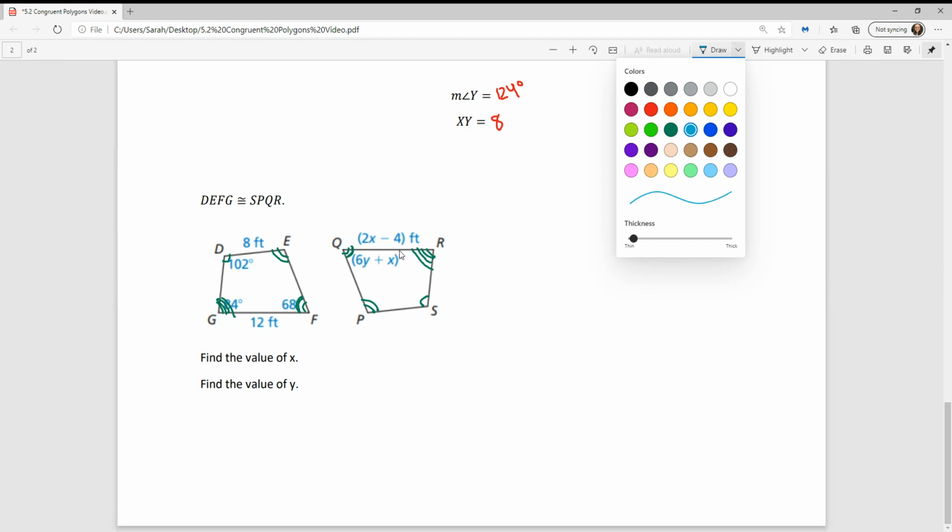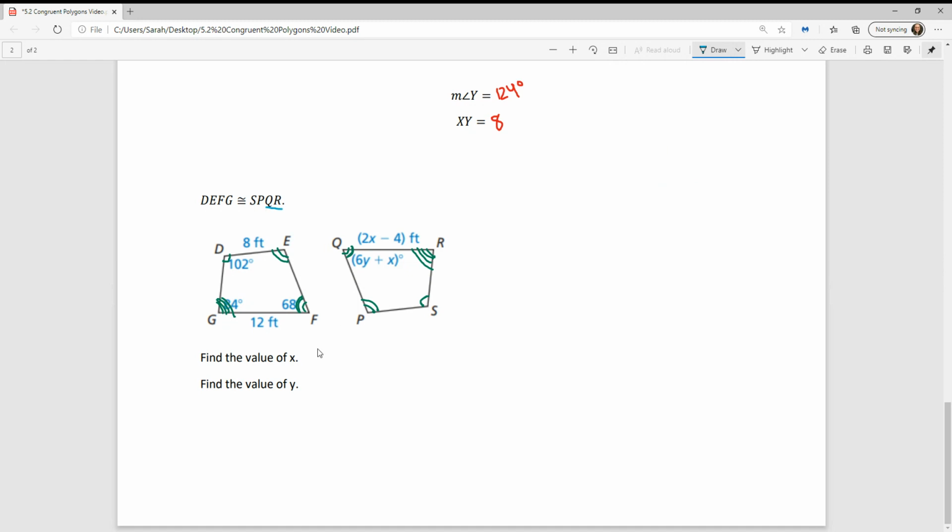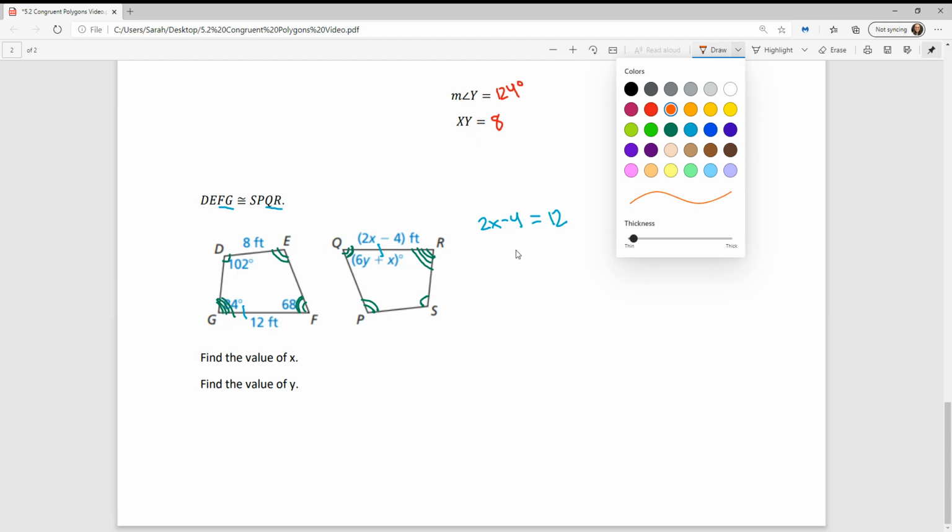So if we can find an equation that lets us solve for x, it'll help us find y as well. So what side matches up with QR? QR is the same as FG. So since QR is 2x minus 4, and it's congruent to FG, which is 12, we can say 2x minus 4 equals 12 and solve that out.